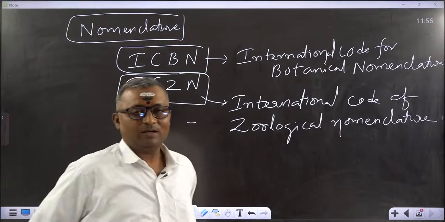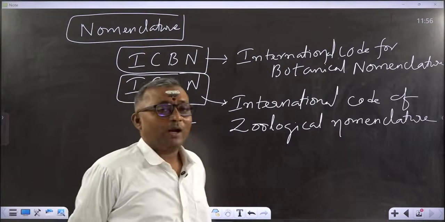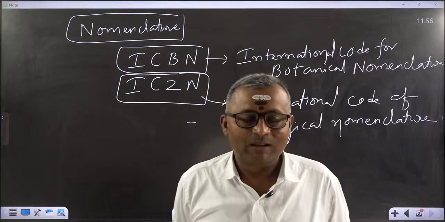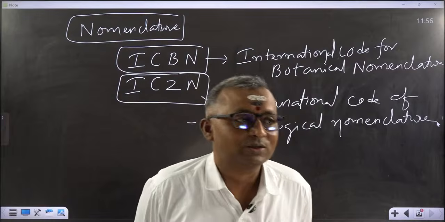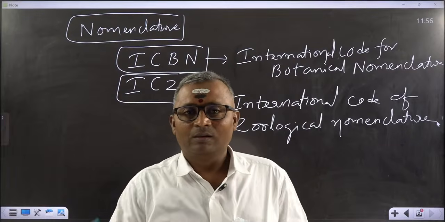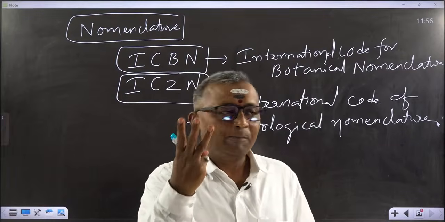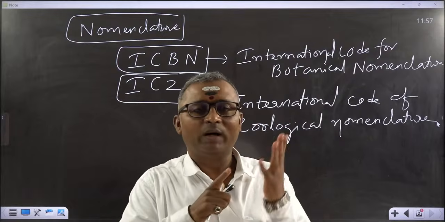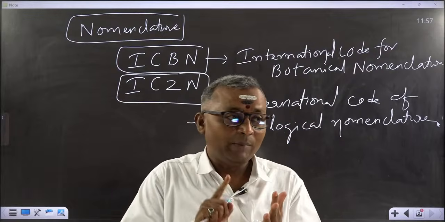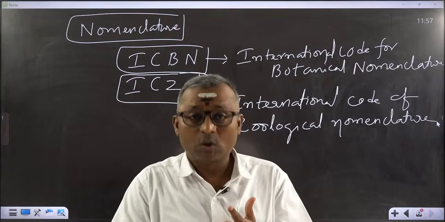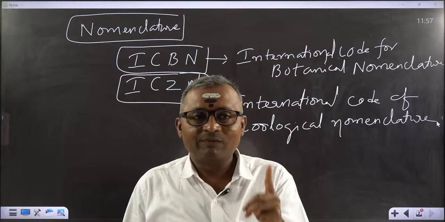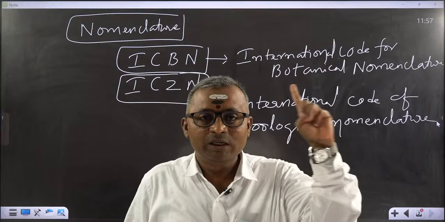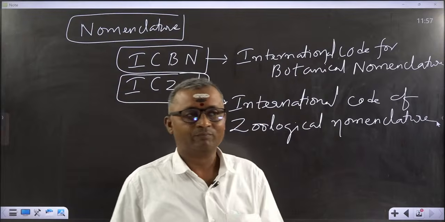That is ICZN. Now, I also told you in the last class that what is the purpose of this nomenclatural system? I told you three important purposes. One is that this nomenclatural system ensures only one correct scientific name will be given to each organism.